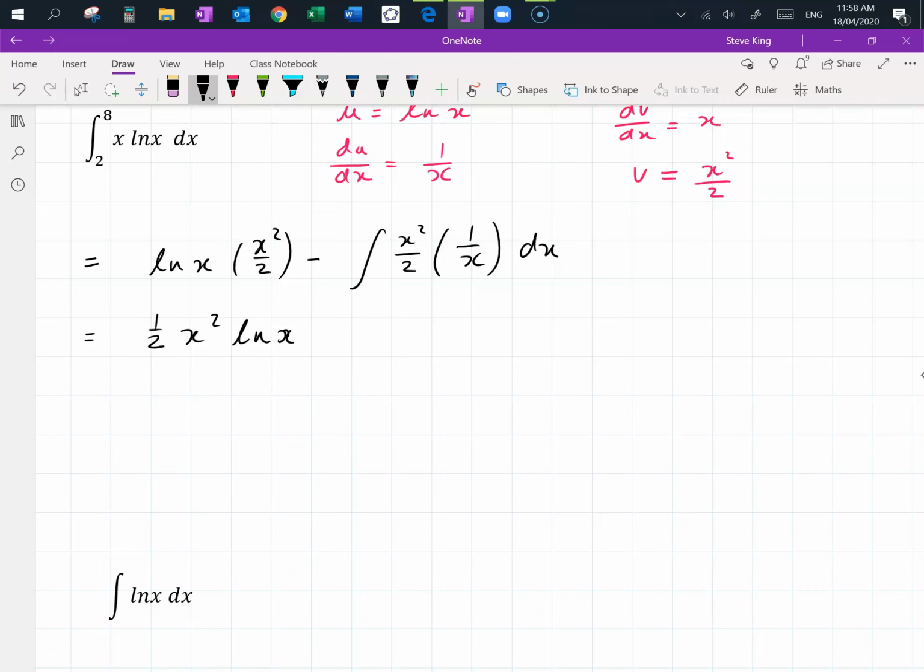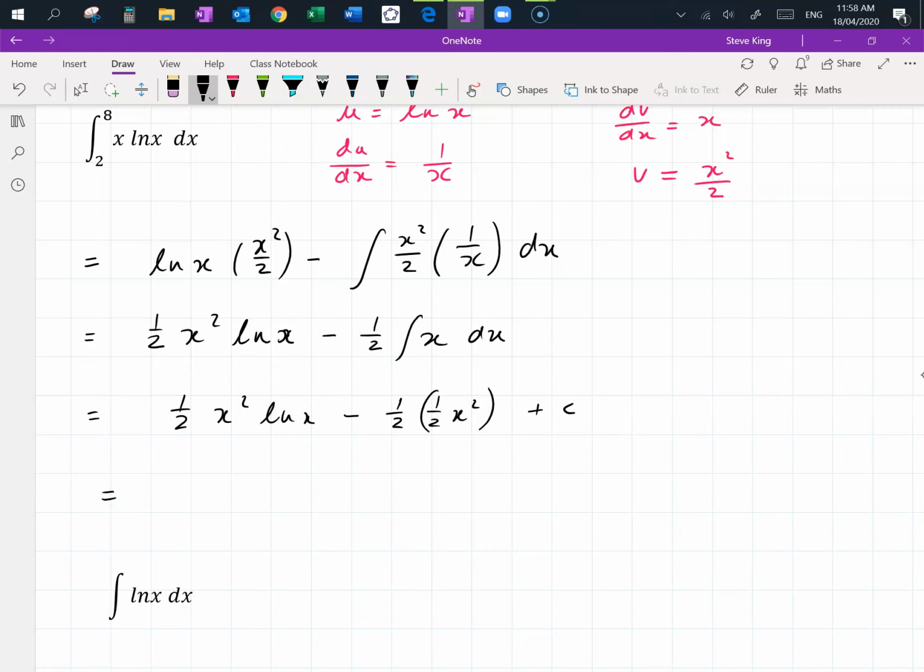So I'm looking at minus a half the integral of x dx. So I'm going to have a half x squared ln x minus a half, the integral of x, which is going to be x squared over 2. So it's going to be another half x squared plus c.